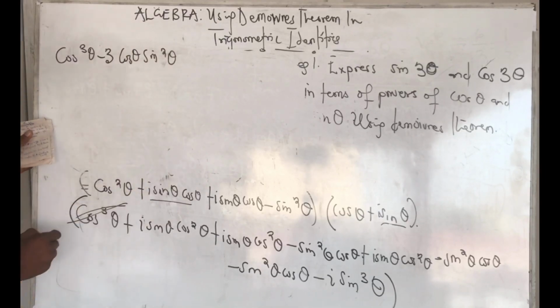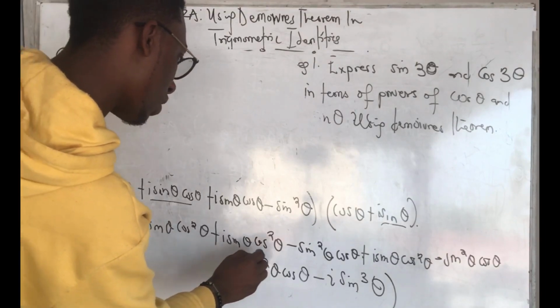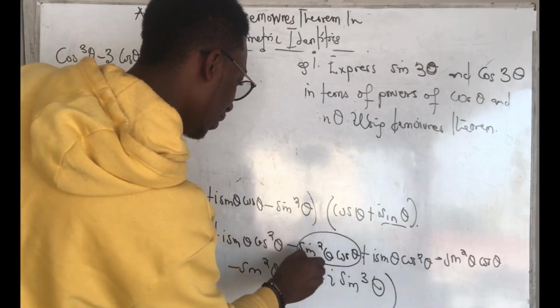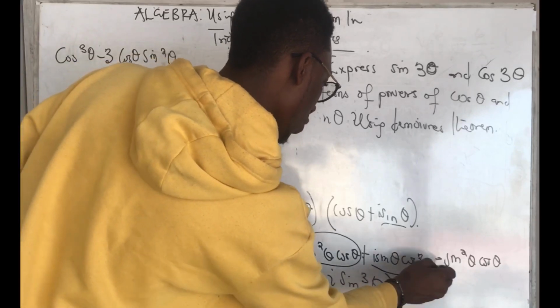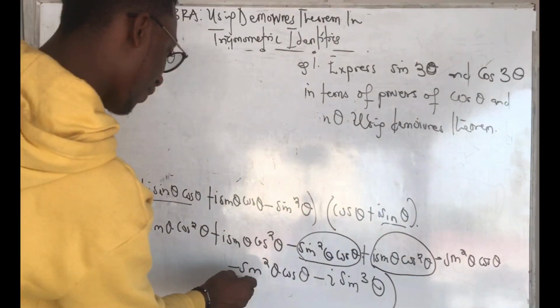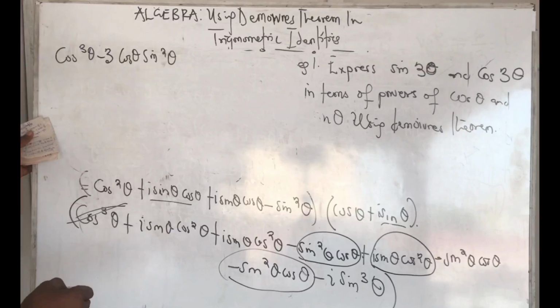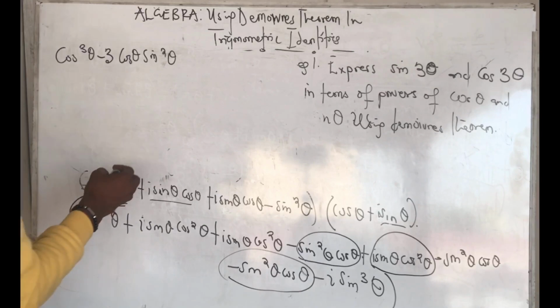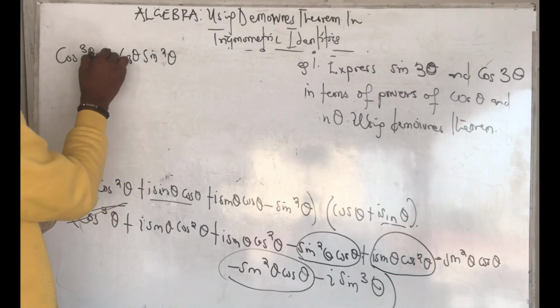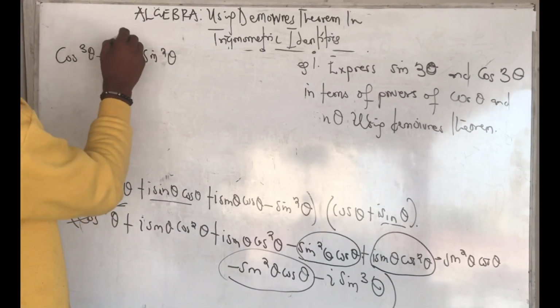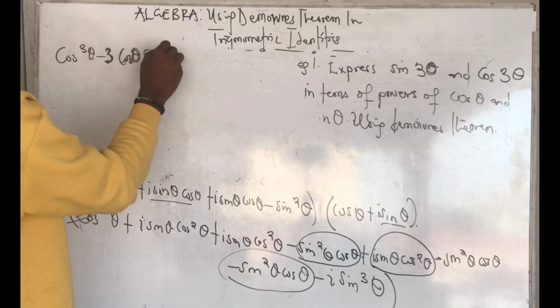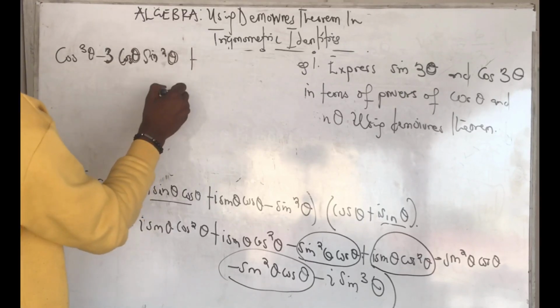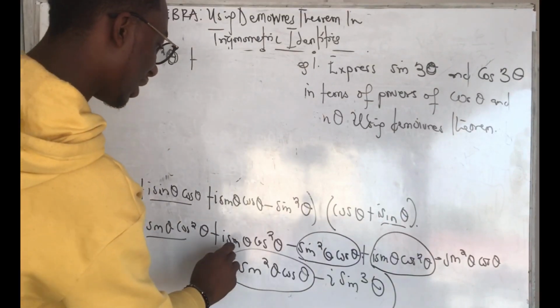So you have these with no i. Minus 3 cos theta sin square theta. Plus, the rest of them have i. This has i, this has i.